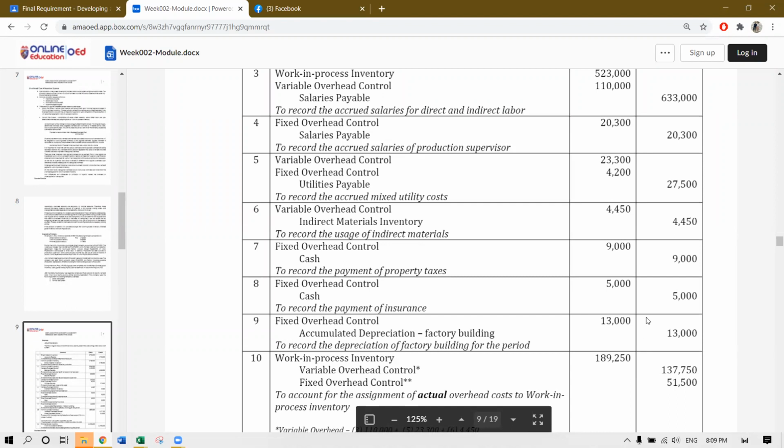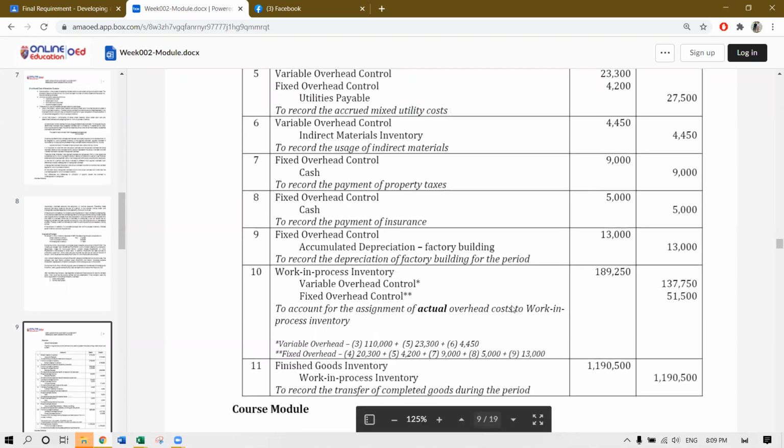Yeah, fixed cost and aton depreciation because it doesn't depend on how much product they are manufacturing or how many hours were used. So here, this is to record to account for the assignment of actual overhead cost to work in process. Okay. Work in process inventory, variable overhead control, fixed overhead control.